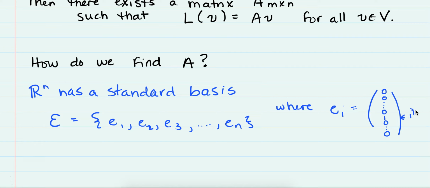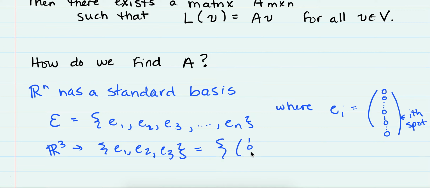So just to be really clear, for R3, the basis would be E1, E2, E3, which is 1, 0, 0, 0, 1, 0, 0, 0, 1. So for Rn, we always have this standard basis.